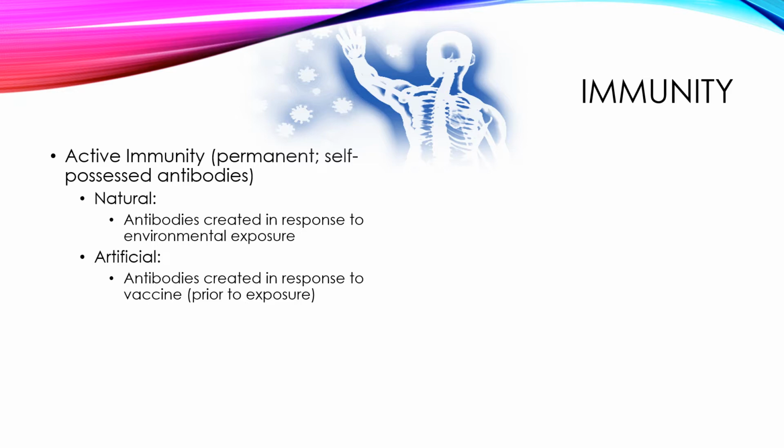My body is now familiar with the virus because it has developed antibodies, and hopefully I do not acquire it again. Artificial active immunity is when antibodies are created in response to something such as vaccines. So before you are exposed, you are given a vaccine to artificially provoke your immune system to attack.